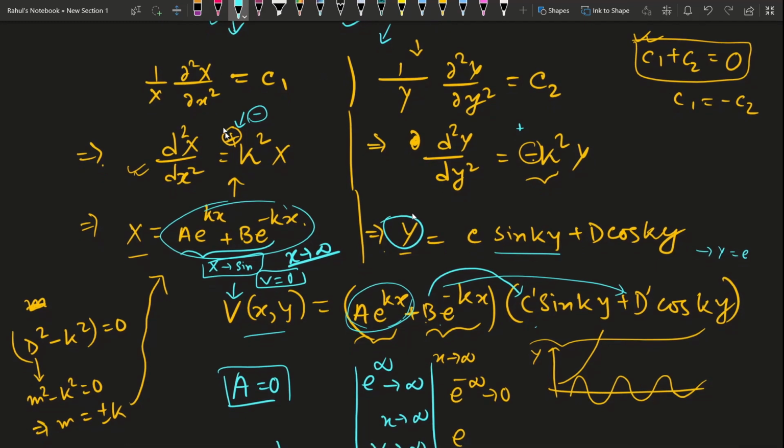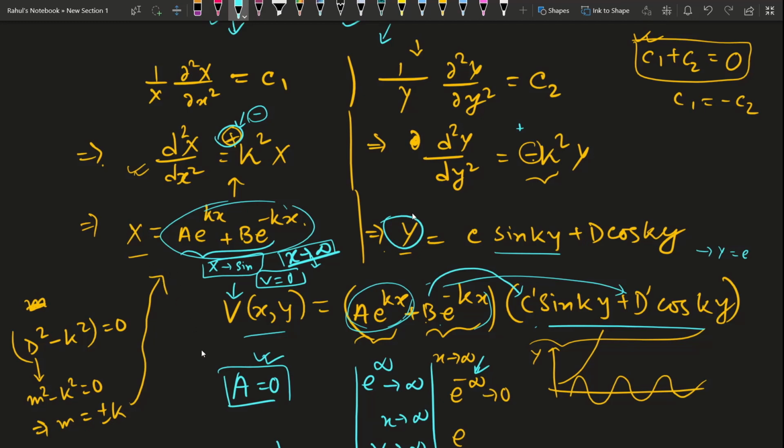But if we take it positive, then what happens? Then this becomes an exponential form, the solution of x, and when we put x tends to infinity, what happens? If we eliminate this term, or if we make a equals to 0, then without changing any value of y, if we approach x tends to infinity, due to this term e to the power minus infinity, that will eventually become 0.